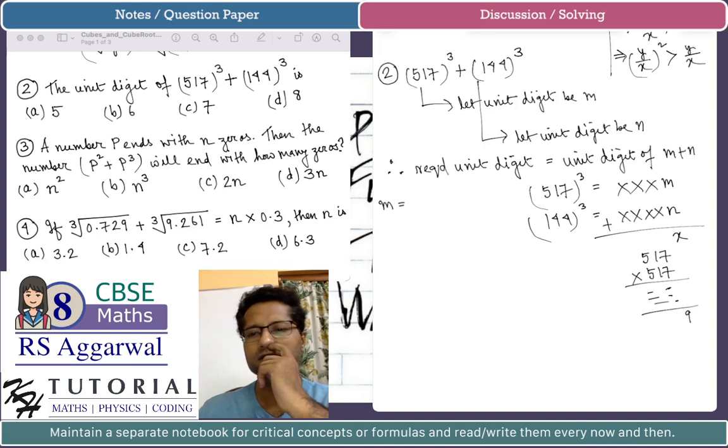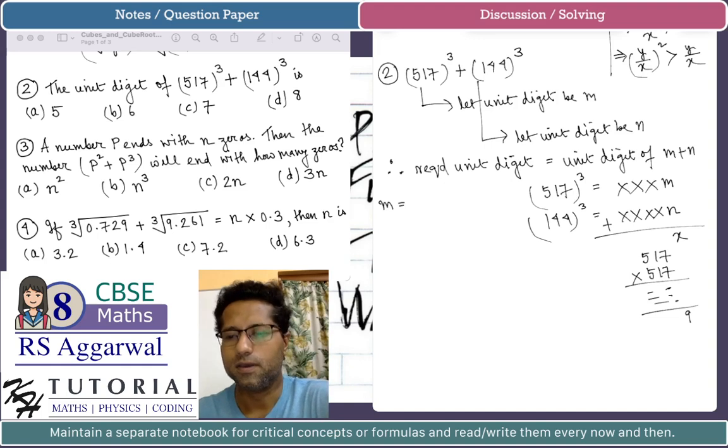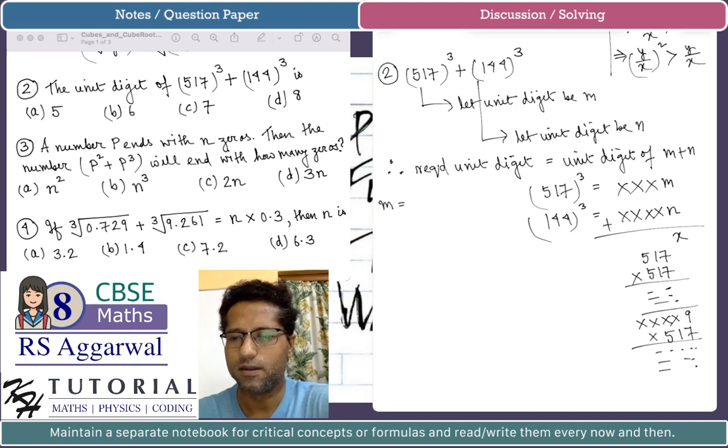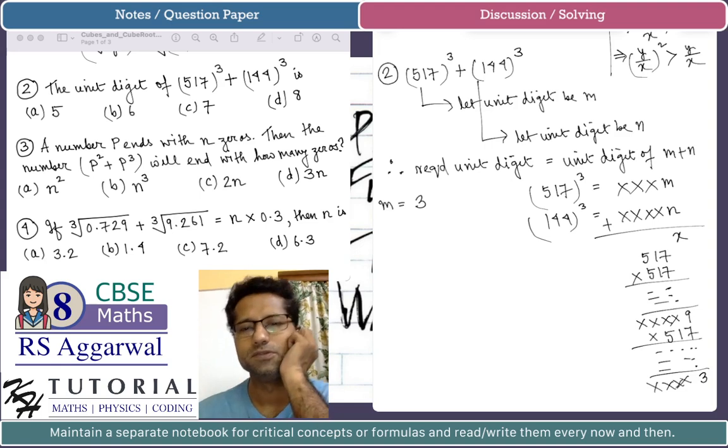Okay, and there will be some number over here. Now again, if I multiply by 517, the unit digit of the result will be 9 into 7, which is 63. So this will be 3 and some numbers. So the unit digit of 517 cube will be 3. So m will be 3.